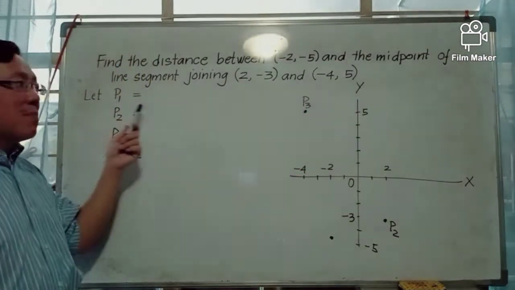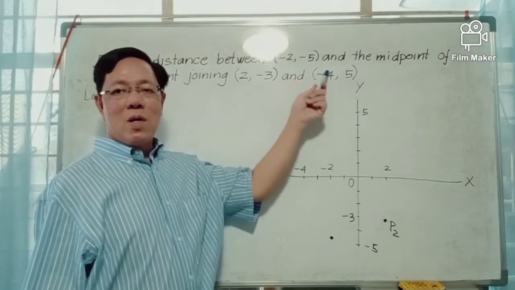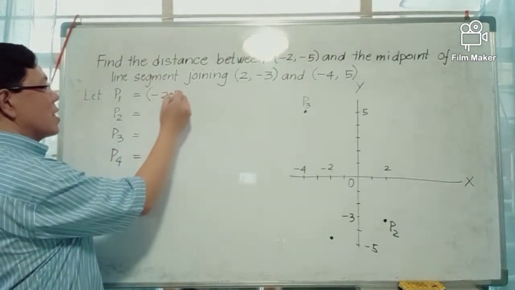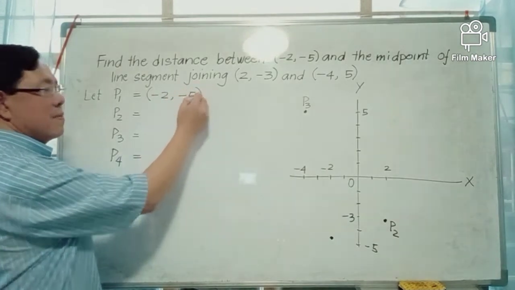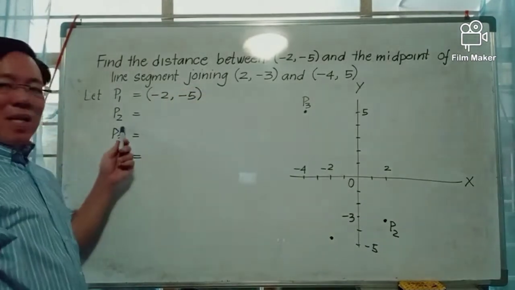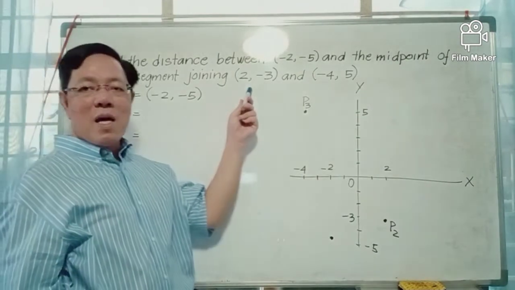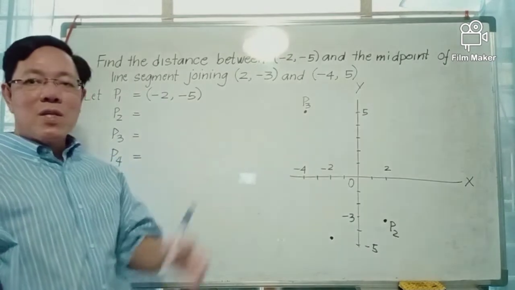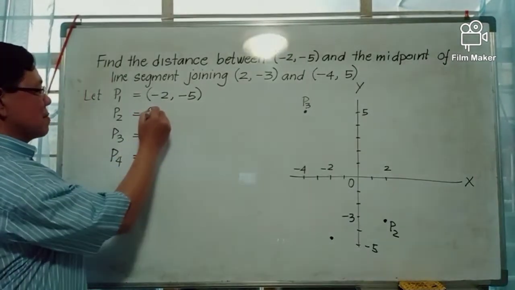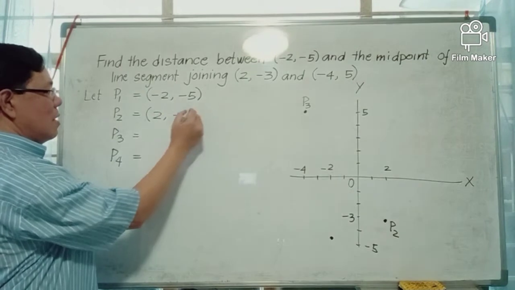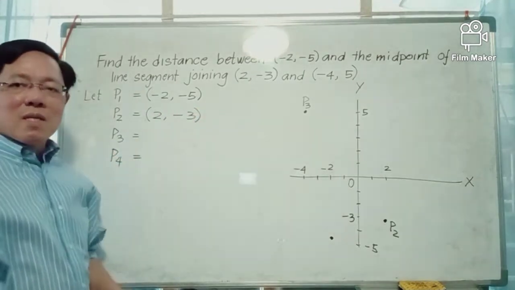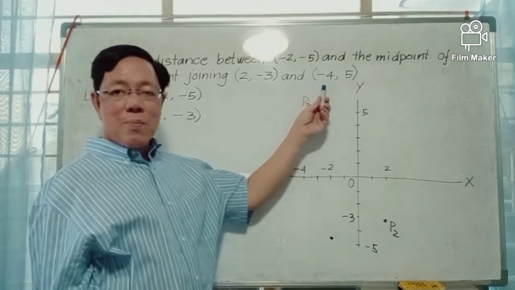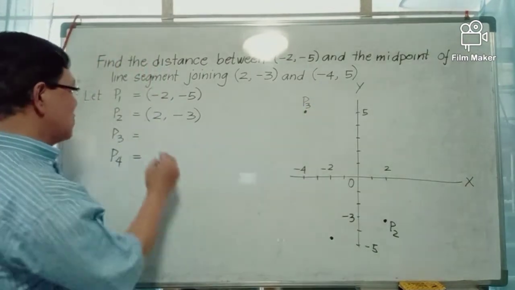We let P1 be the first point given with coordinates (-2, -5). We let P2 be the first endpoint of the line segment with coordinates (2, -3). And we let P3 be the second endpoint, with coordinates (-4, 5).